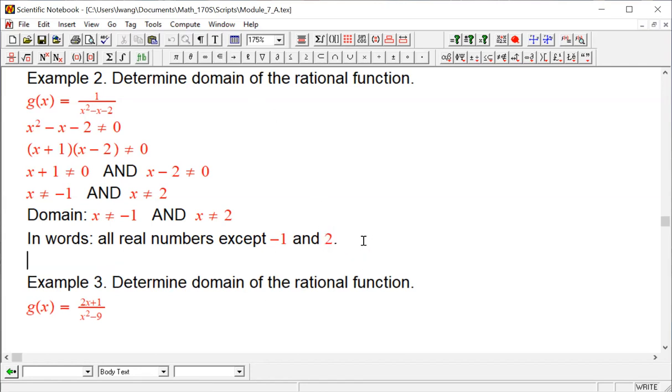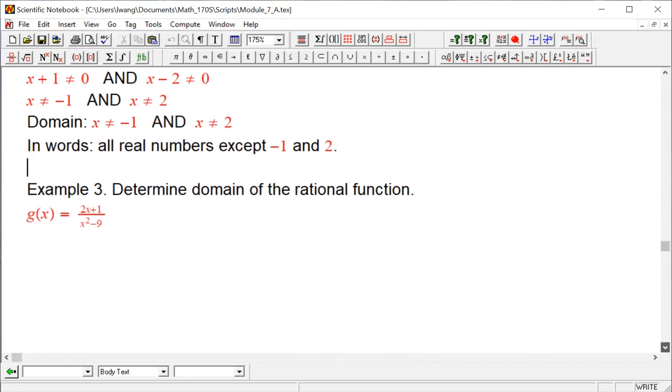For the third example, we would like you to look at this rational function. In the numerator, it's a linear function, and the denominator is x squared minus 9. The numerator can be any real number, and 2x plus 1 indeed can be any real number. To determine the domain, the denominator cannot be 0. Once again, we're going to solve this equation.